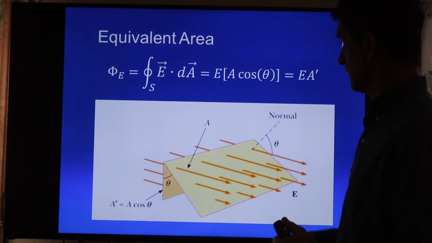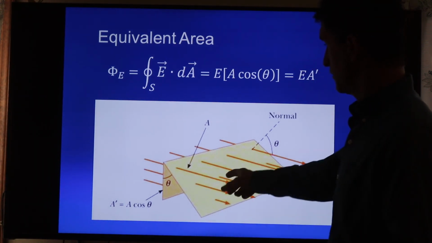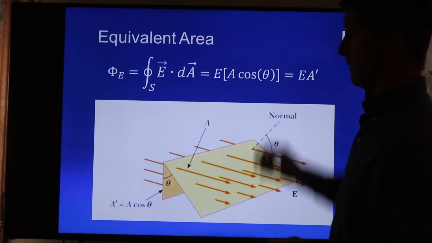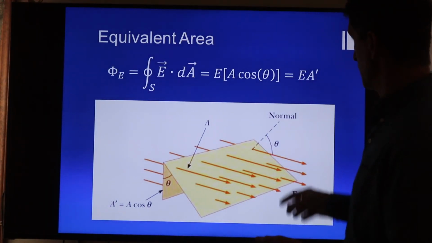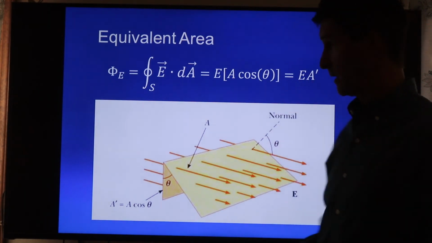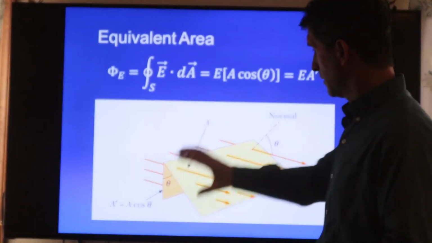If we take a normal component of that area to our actual area, what we call A prime right here, the cosine still comes into this equation, and the electric field times the equivalent area becomes my electric flux. Again, this requires that the electric field be constant over the entire thing.